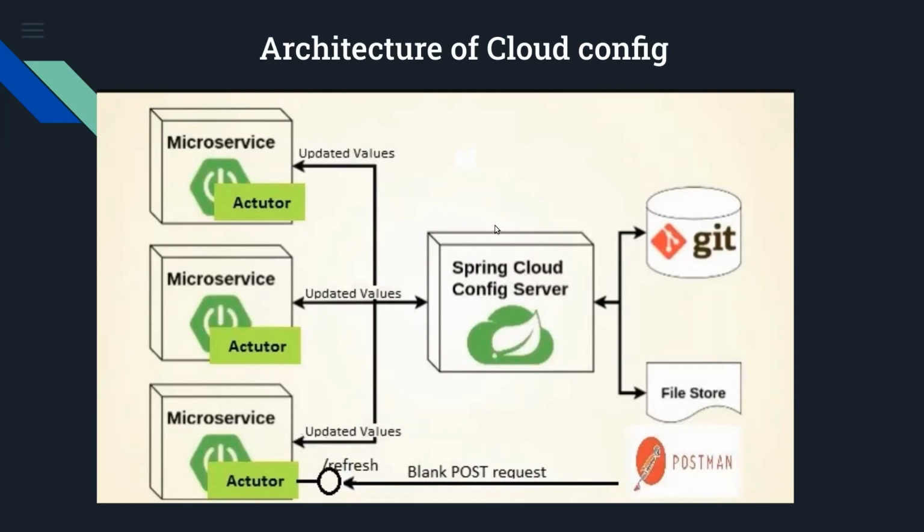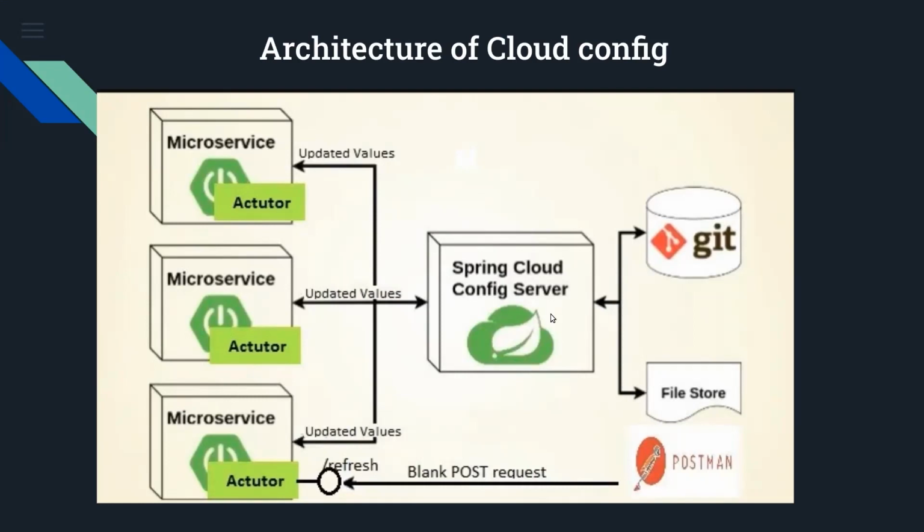So all the files can be saved separately in the repository and can be called from there only. The Spring Cloud Config Server acts as a broker between the location where the properties files are stored and the microservices.